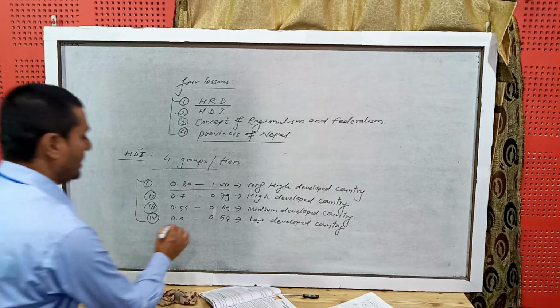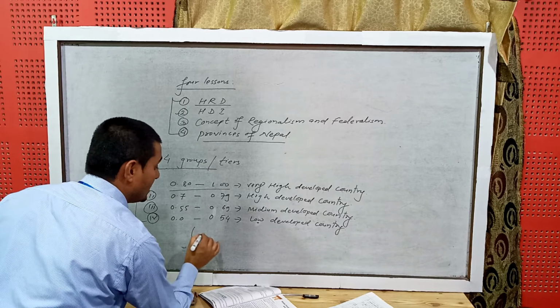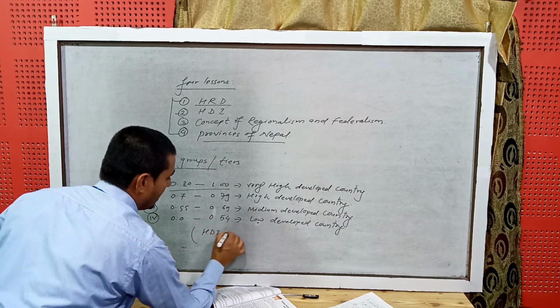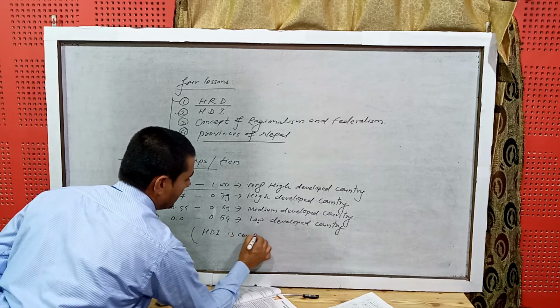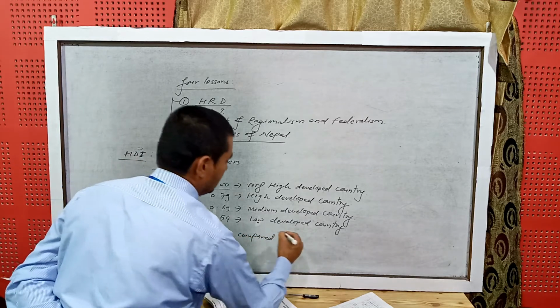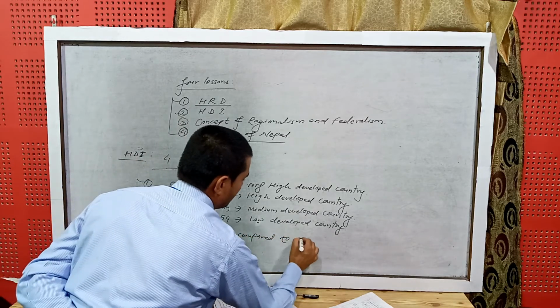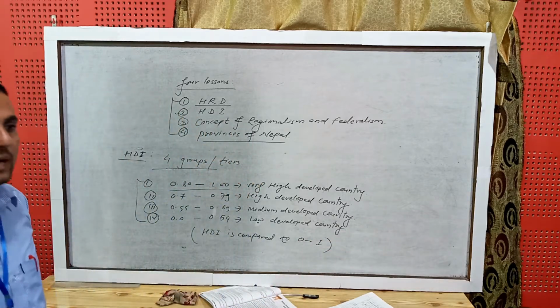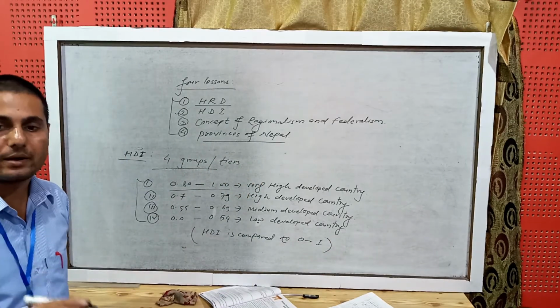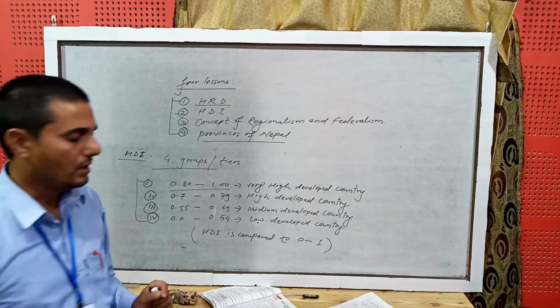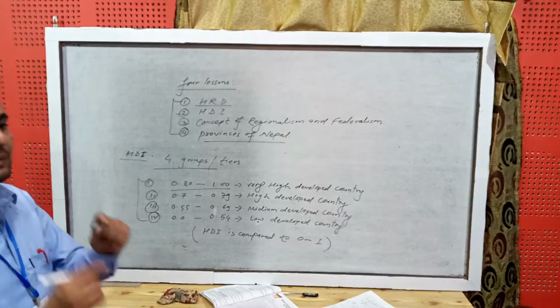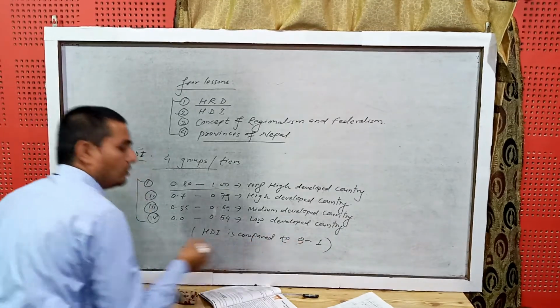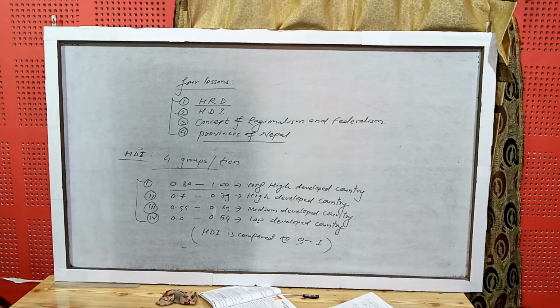And broadly, HDI is compared on a scale of 0 to 1. Countries having an HDI value near 1 are called developed, whereas countries having an HDI value near 0 are called less developed or developing countries.